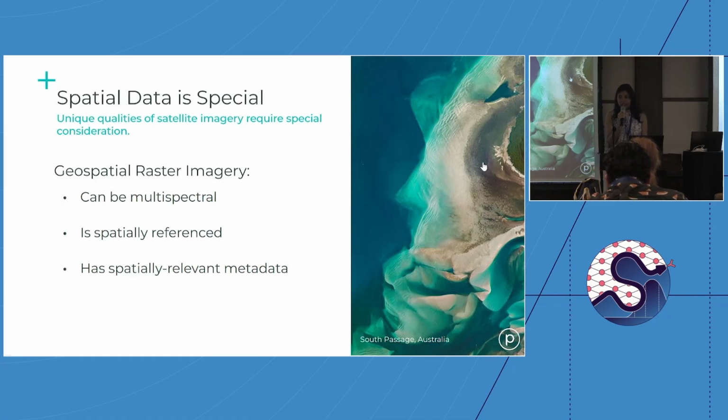And that's a consideration to keep in mind. Geospatial data is also spatially referenced, which means that an image you're looking at of the Earth ties to a specific place on the Earth itself. So it's not just an image, but the image ties to a physical location. And because of this, it also has spatially relevant metadata that helps tell you where on the Earth you're looking at.